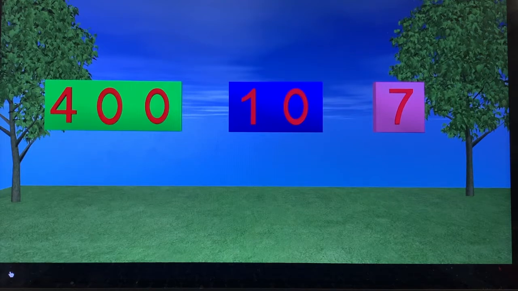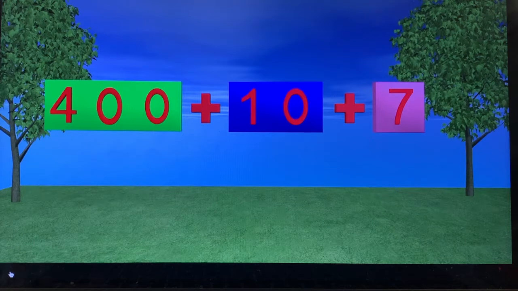Since the 7 is in the ones place, we know it is only worth 7. Now, just like that slinky being stretched out, we now have the number 417 in expanded form. It is stretched out to show us what the values of each of these digits are, but we cannot forget to put our plus signs in. When you are writing the numbers in expanded form, you need to remember the addition signs to make the math statement correct.